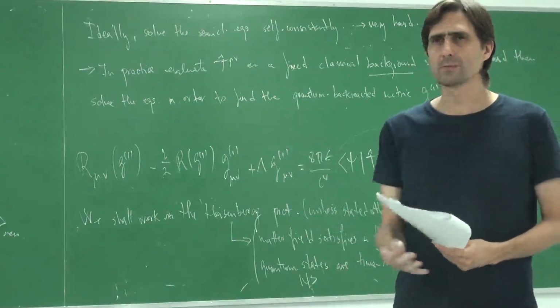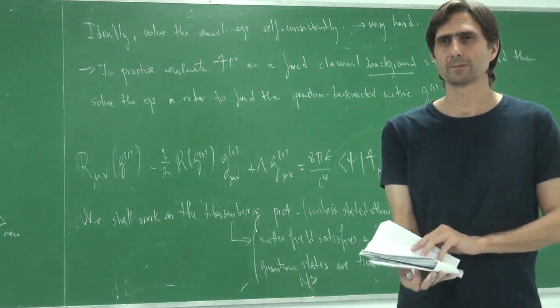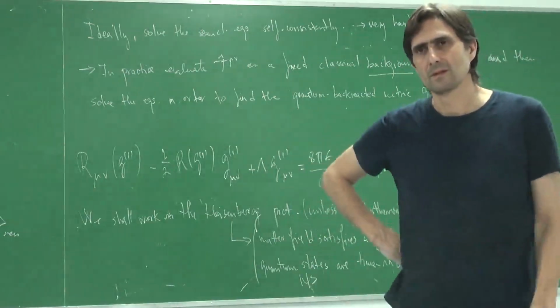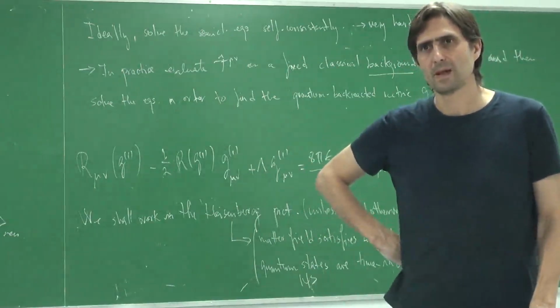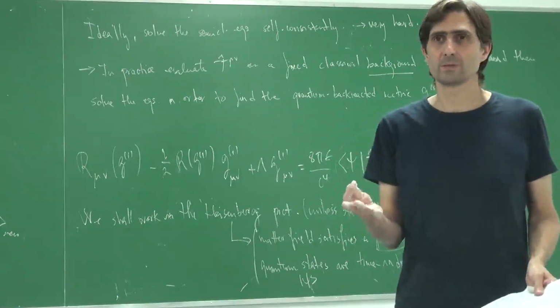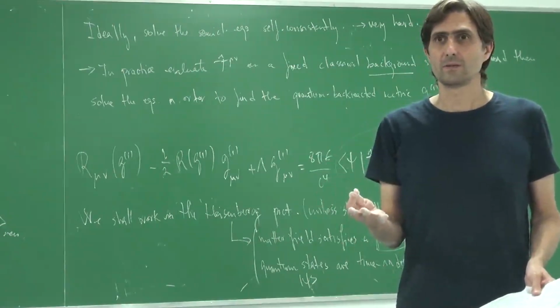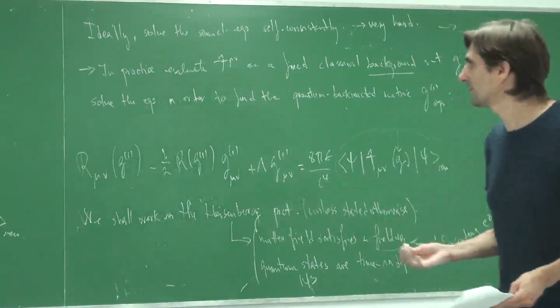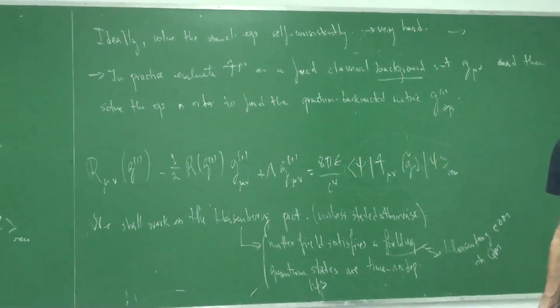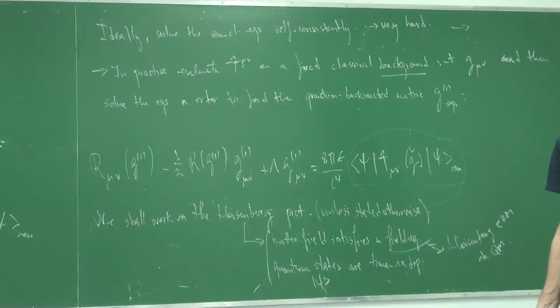Maybe I'll try to include some cosmology here. But the question was, what's the problem with quantum field theory? I think the main problem is the one that Alex was pointing at.